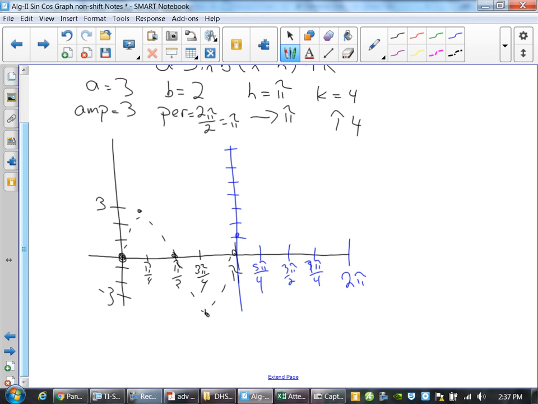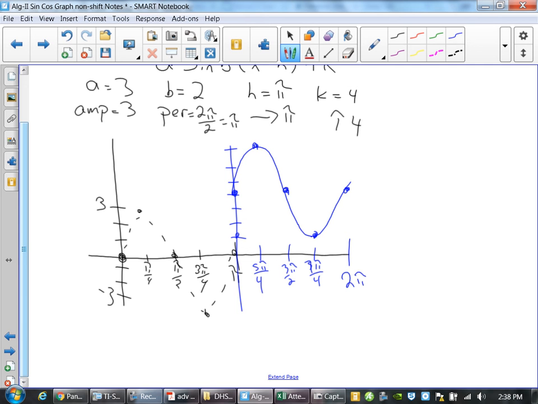So instead of being at 0, it's going to be at 4. Move to 7, go back to 4, to positive 1, and back to 4. And there's our shift. That's it, guys. It's a matter of just taking your first set of ordered pairs and then just moving them over by resetting your period.